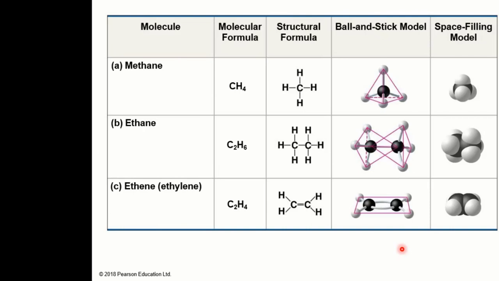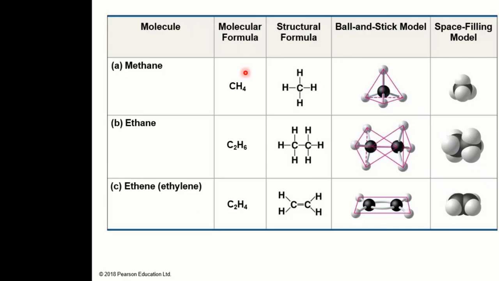So here is just an illustration of these elements, where I'm going to show the molecular formula and the structural formula. You don't need to worry most about the stick model, but like I've mentioned in the past, you must pay much attention to the molecular formula and the structural formula.